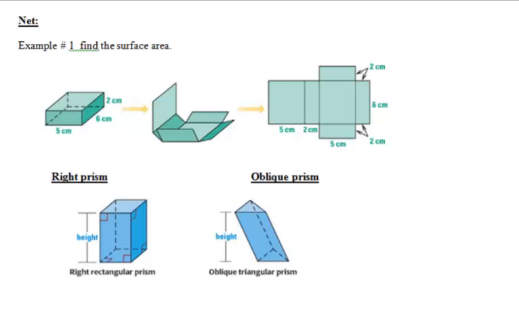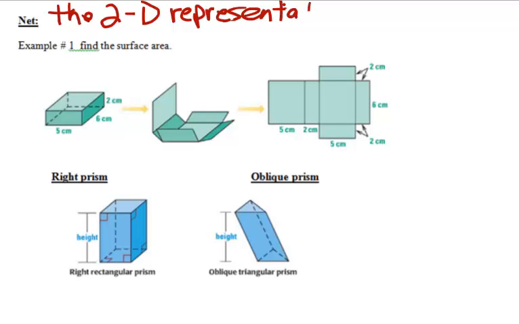Okay, let's look at a net. A net is a two-dimensional representation of all the faces of a polyhedron.